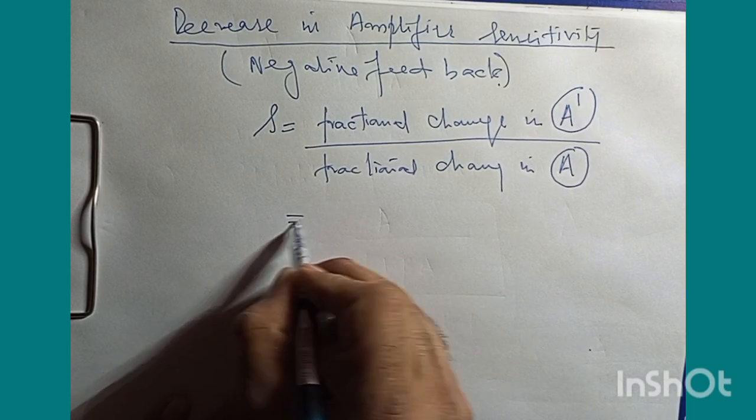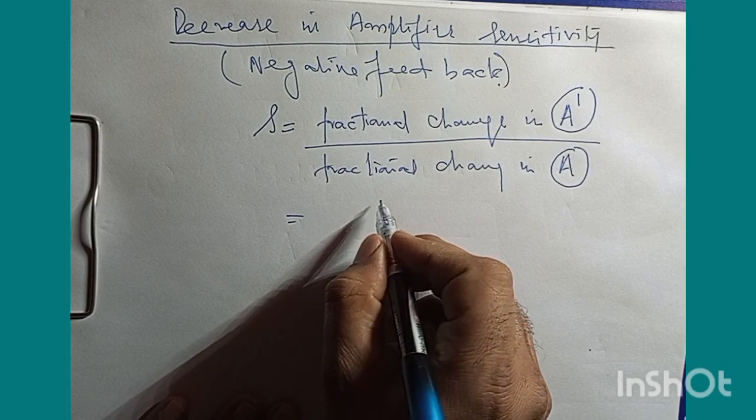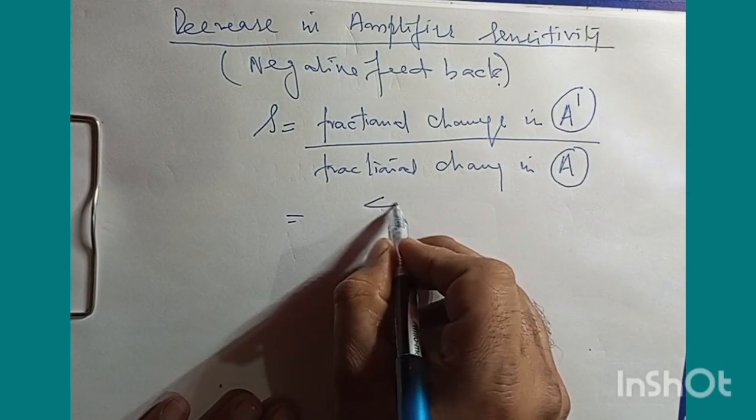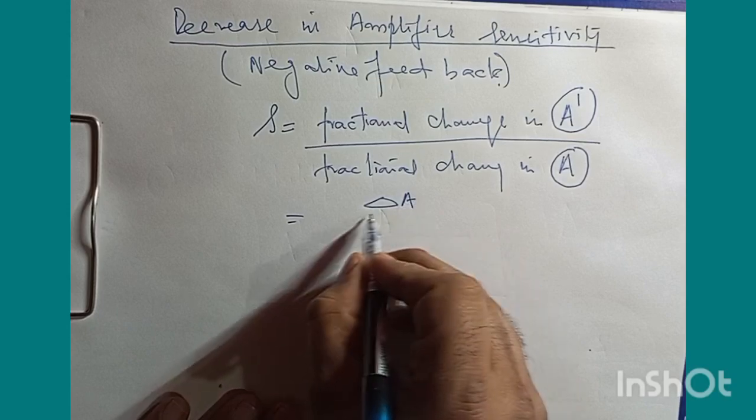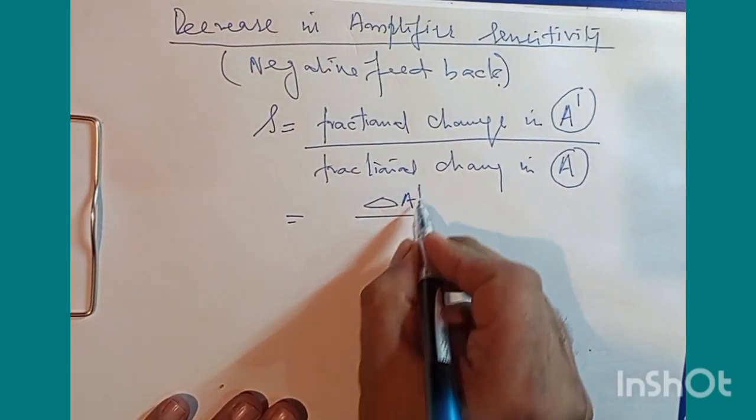So we can write this in a mathematical way, something like delta A dash by A dash divided by delta A by A.